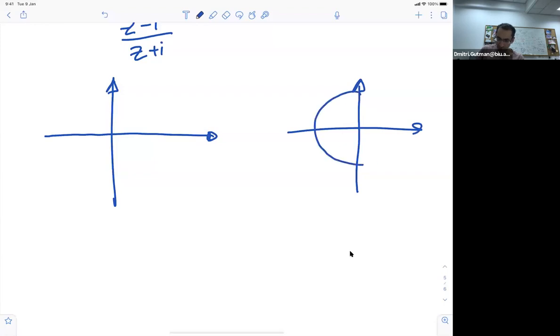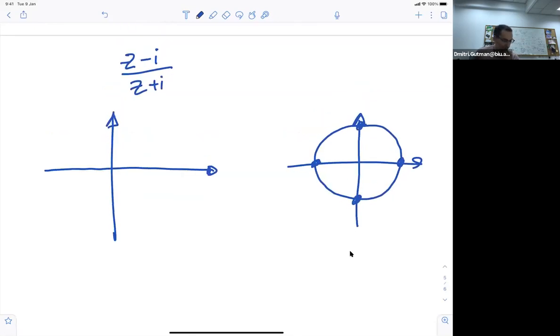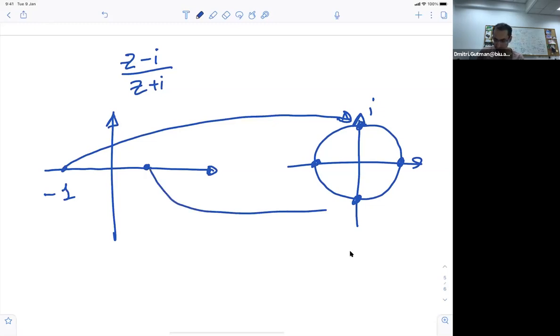So in a previous discussion, last time or one before last, we have seen that this transformation, z minus i divided by z plus i, maps the straight line into a unit circle. So the point minus 1 was being mapped to the point i. Point 1 is being mapped to the point minus i, and point 0 is being mapped to the point minus 1.